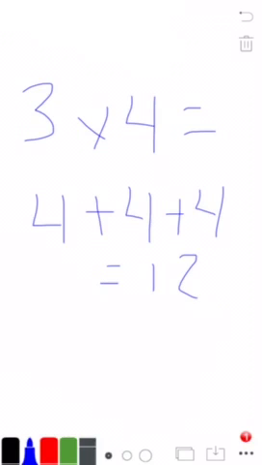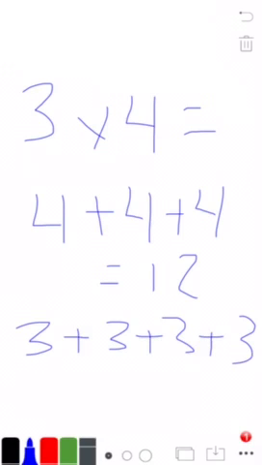And I can also do 3 4 times, because as we talked about, the commutative property of multiplication, or as you all like to call it, the flip-flop property, means that you can switch the numbers when you multiply and you'll still get the same answer. 3 times 4 is the same thing as 4 times 3. So 3 plus 3 plus 3 plus 3 also equals 12.